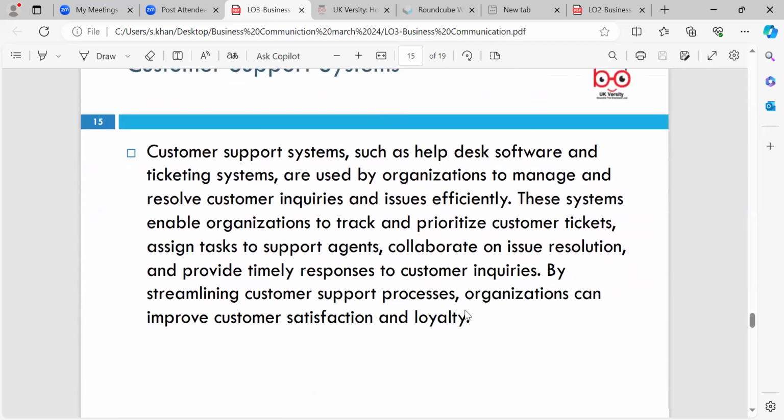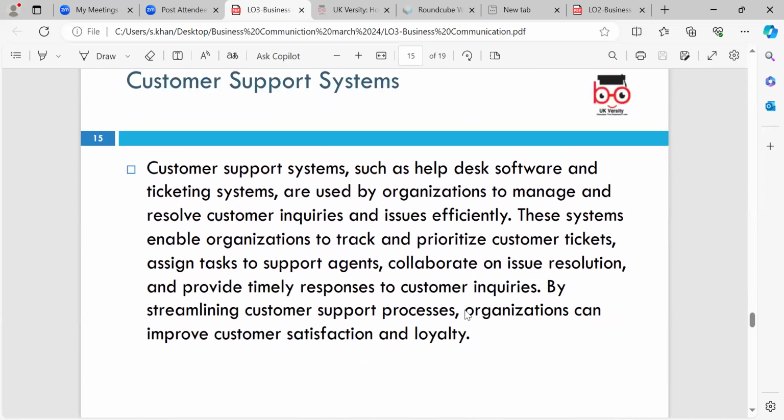Customer support services. Customer support systems such as help desk software and ticketing systems are used by organizations to manage and resolve customer inquiries and issues efficiently.